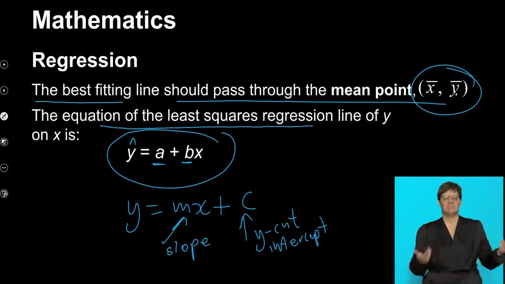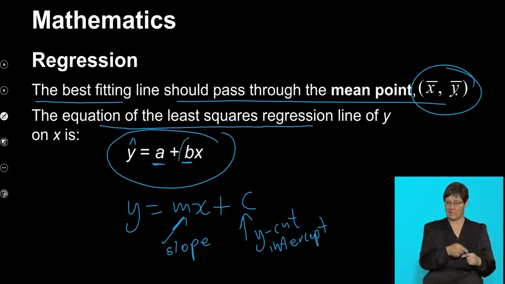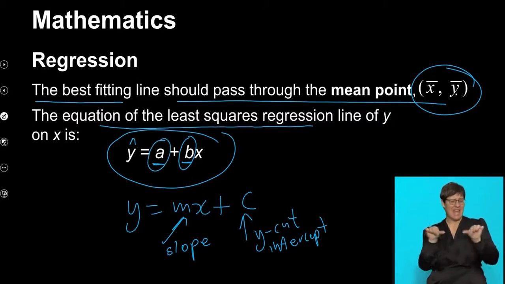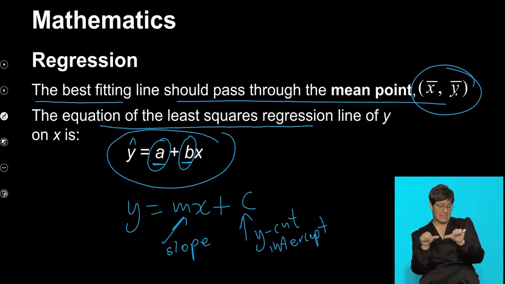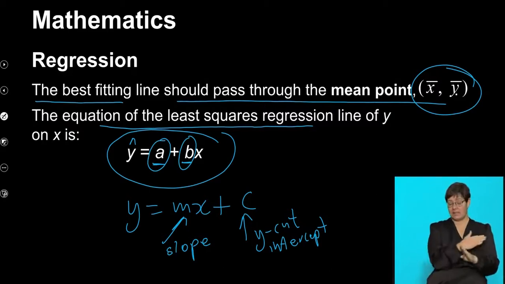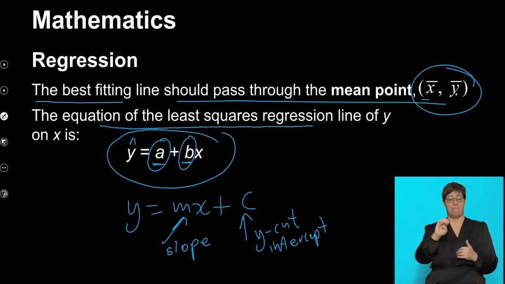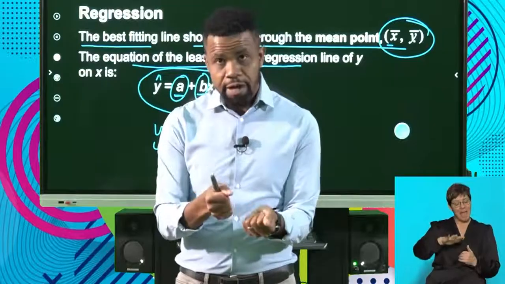Okay, so it's the same. Even here, this is the slope of the regression line, and this is the estimate. So both the estimate for y cut and the estimate for the slope of a line. Are we all together? And we spoke about it must pass through the mean, which is average for x and average for y.